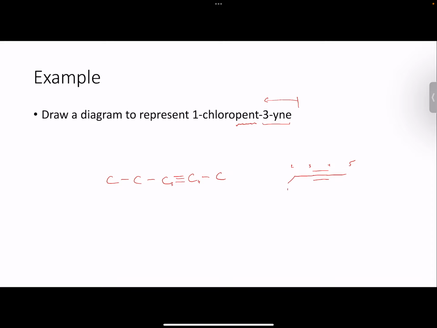For this one, we've got only a chlorine group on the first carbon. We can put that at any position, remember, because it can rotate. And then we have to saturate the rest of the carbons with hydrogens to finish this off. Because the carbons of the triple bonds are saturated, they have 4 bonds already, we don't add hydrogens. And maybe you can see why that makes them so reactive.